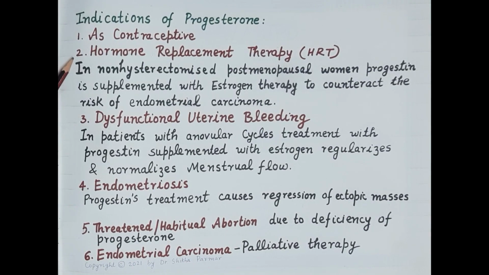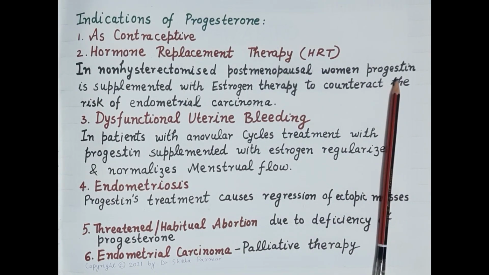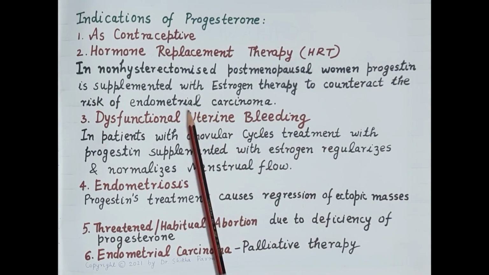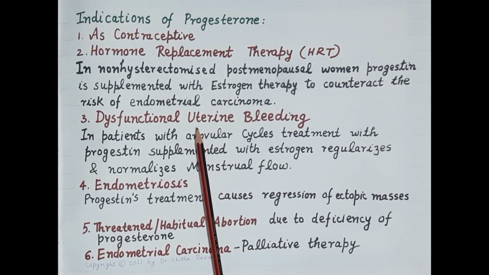Now, secondly, progestins are also a very important component of hormone replacement therapy. Now, in non-hysterectomized post-menopausal women with uterus, progestin is supplemented with estrogen therapy to counteract the risk of endometrial carcinoma caused by estrogen.